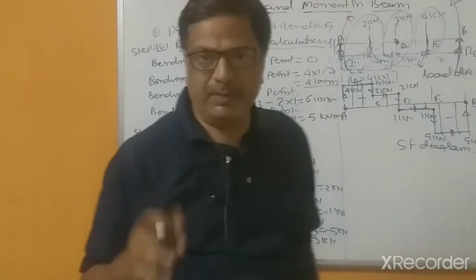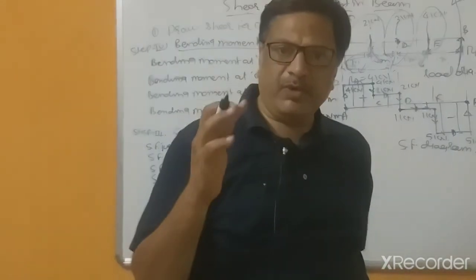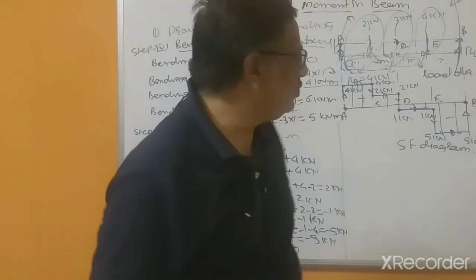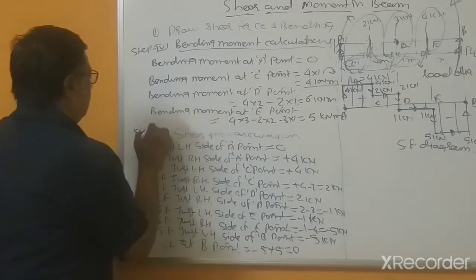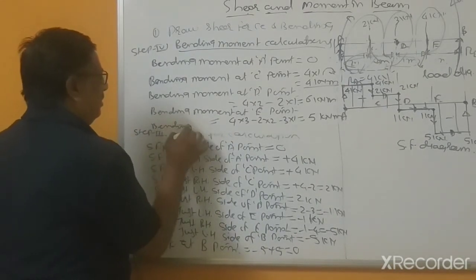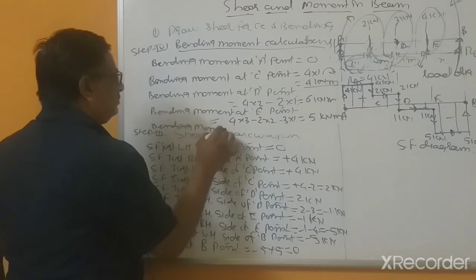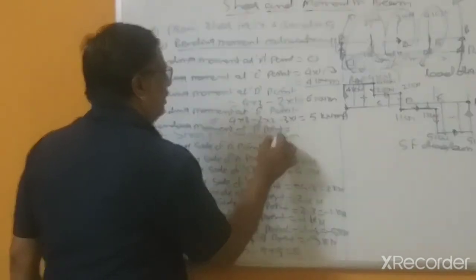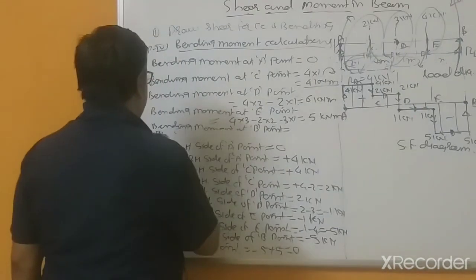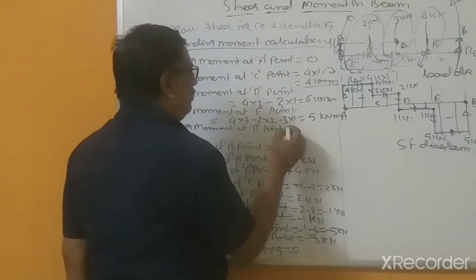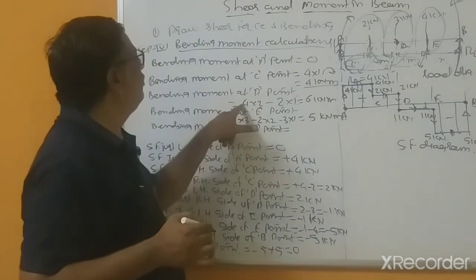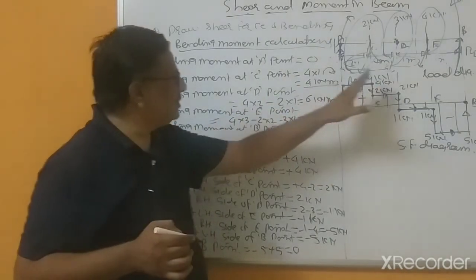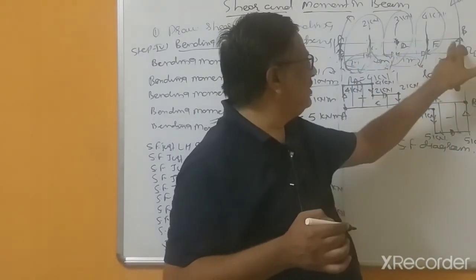Now for simply supported beams, always remember that at end points the bending moment equals 0, but you have to check. So the bending moment at B point equals the summation of moments. Because we are calculating bending moment at B point, the distance is increasing.